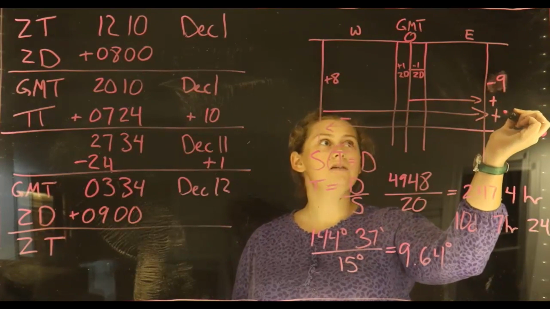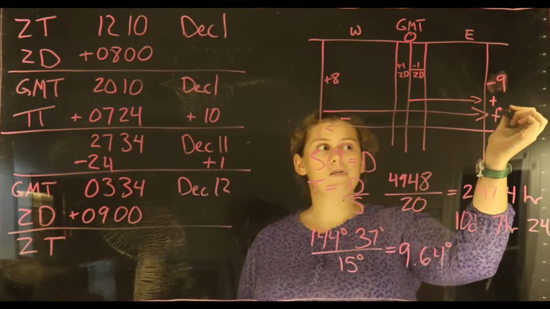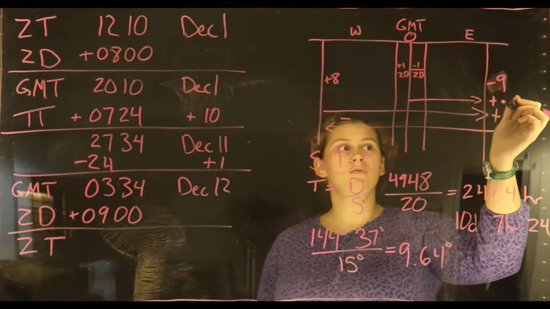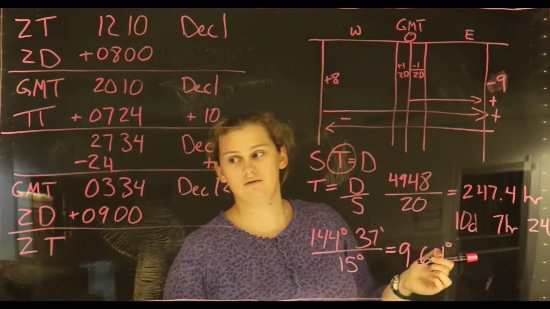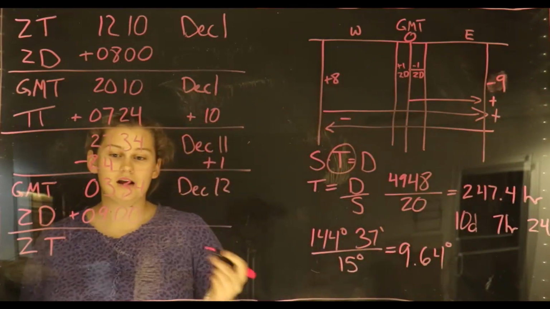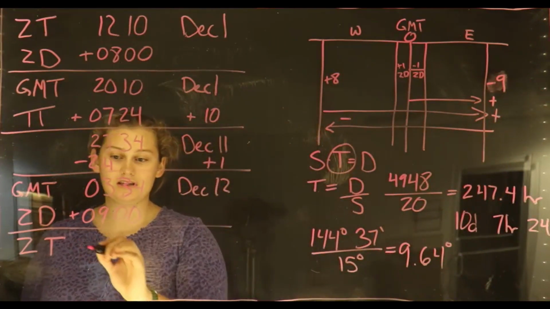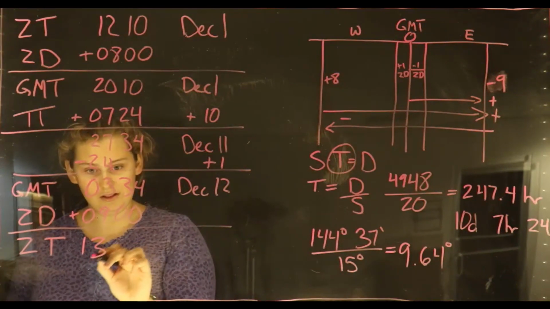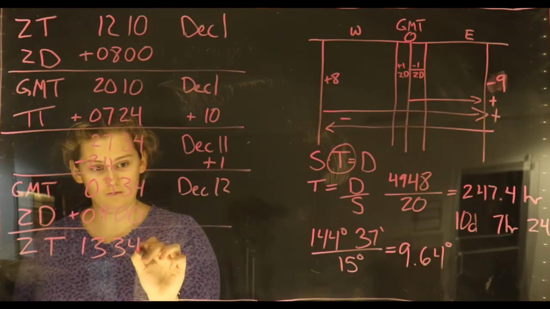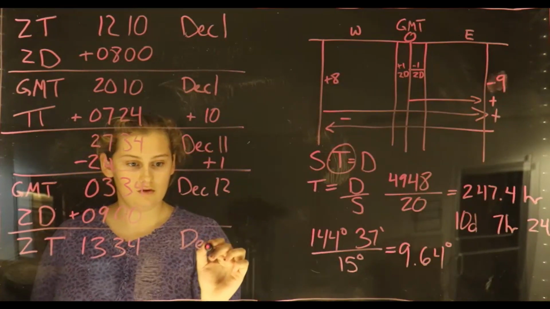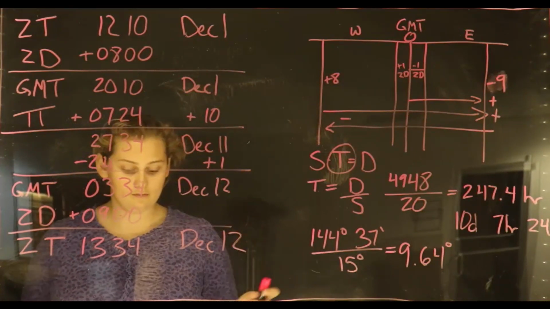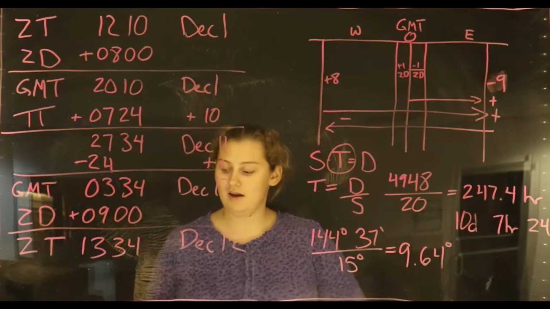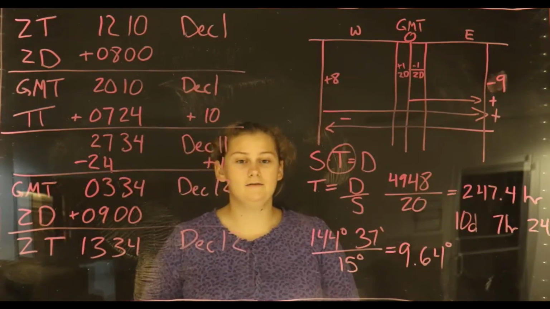So from GMT to our eastern location in Guam is a positive. So we'll add 9 hours to this in order to get to our zone time. Our zone time is 13:34 on December 12th. And that is our answer. Our answer is D for this problem.